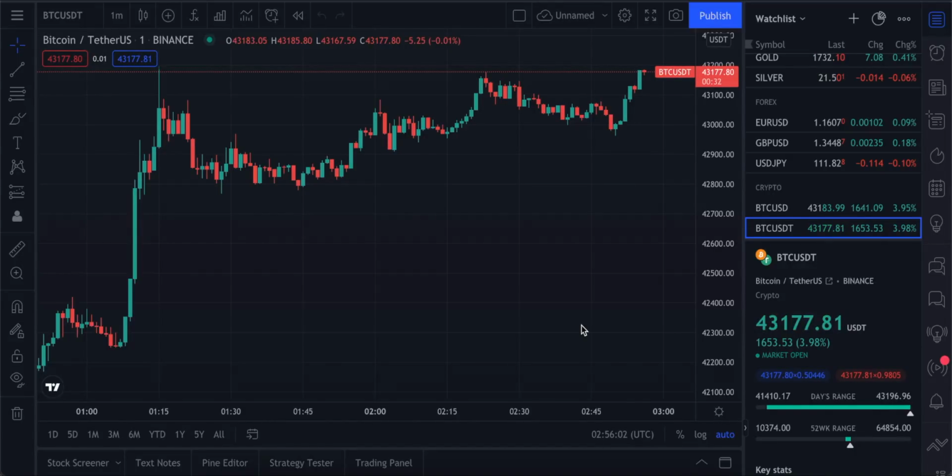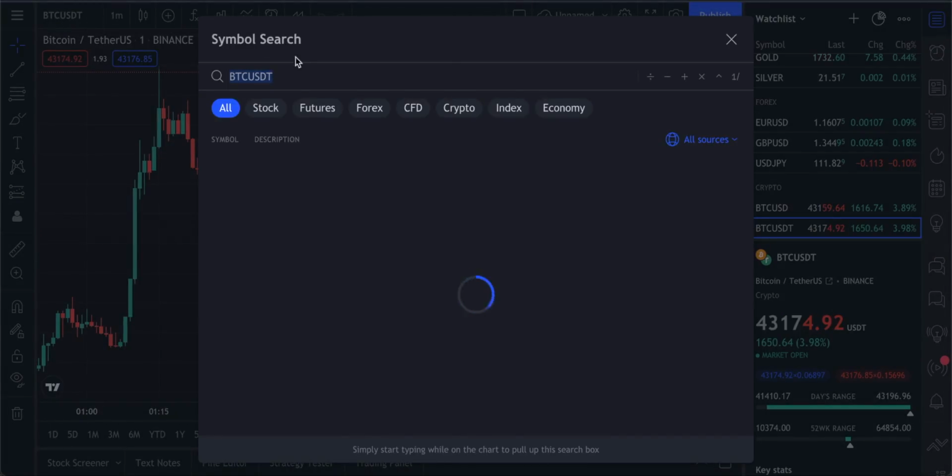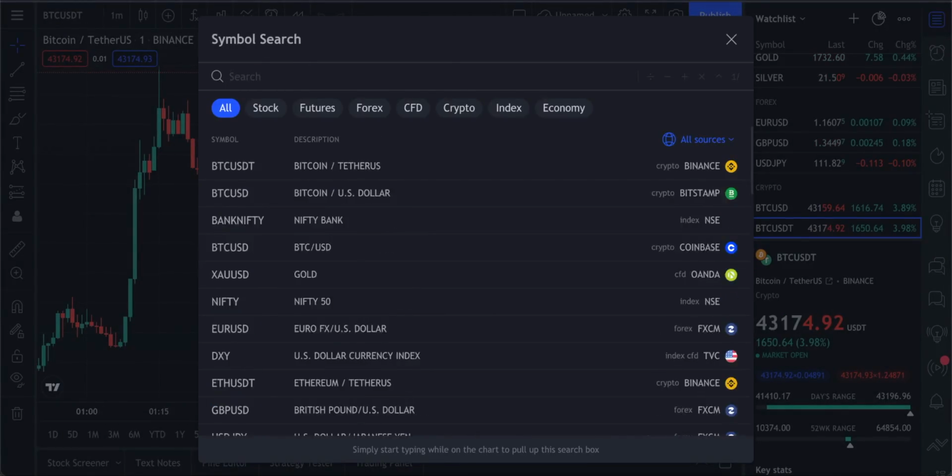So the first thing you need to do when you're going to start looking at a chart of a coin is, right here in the upper left-hand corner, you're going to click here, and it's going to ask you basically what you want to look at. So for the purposes of trading, you're going to want to look for the trading pair that you are actively going to be trading.